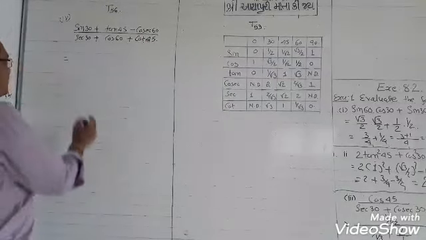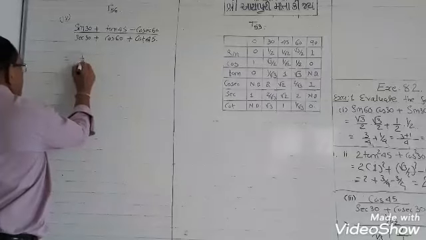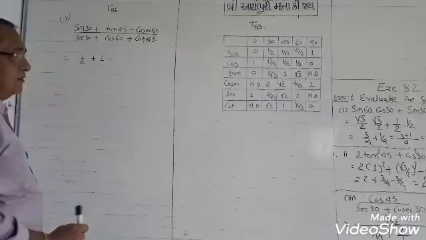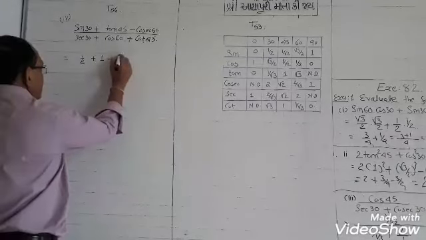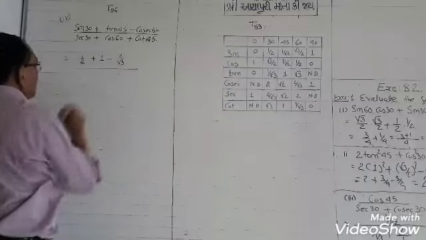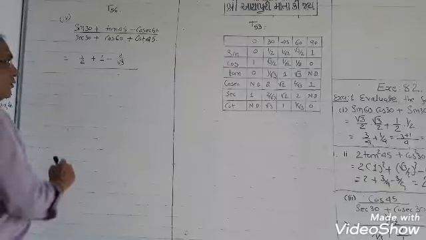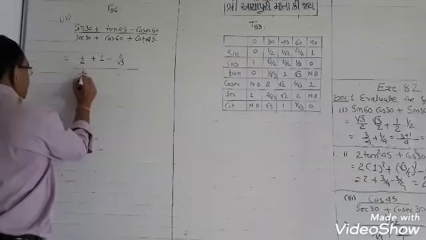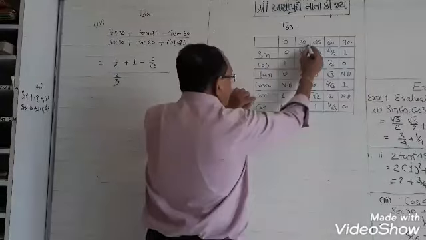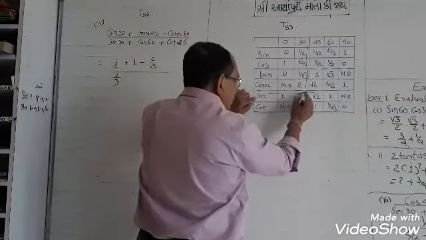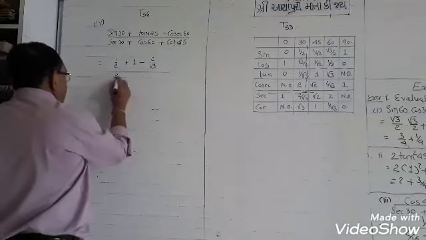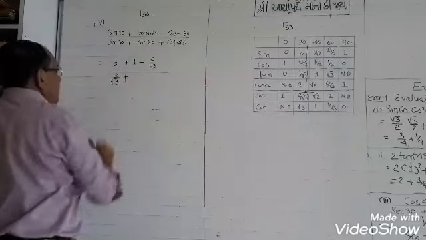Sin 30 is 1 upon 2, tan 45 is 1, cosec 60 is 2 upon root 3, whole upon sec 30, which is 2 upon root 3, plus cos 60.